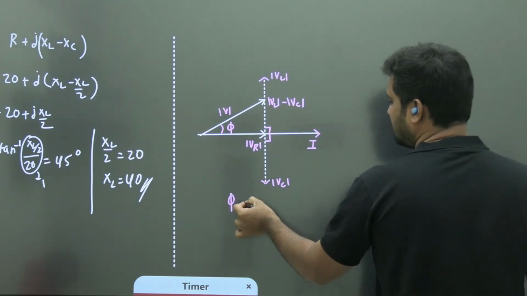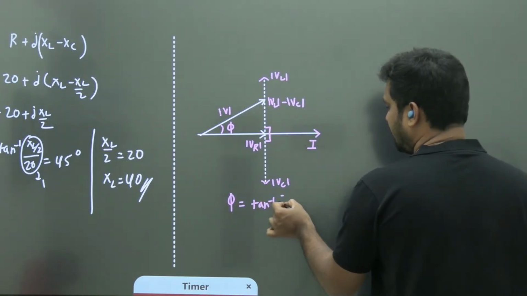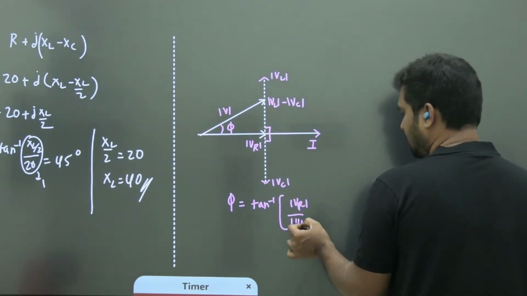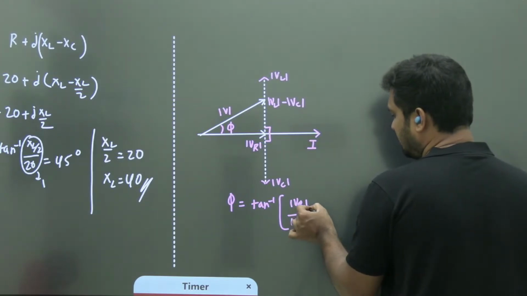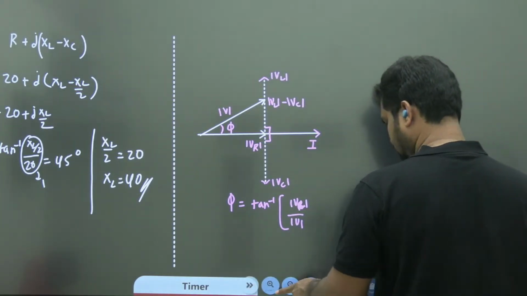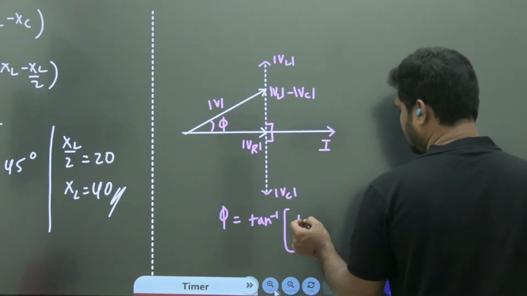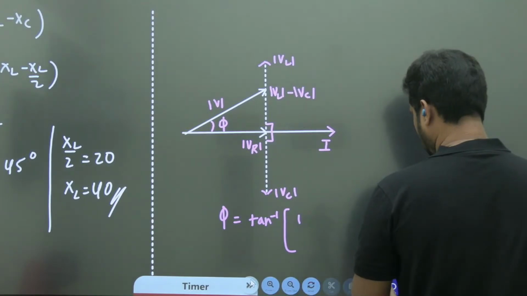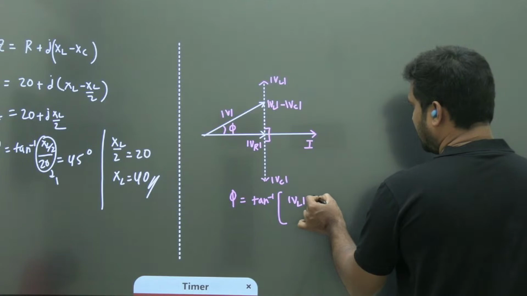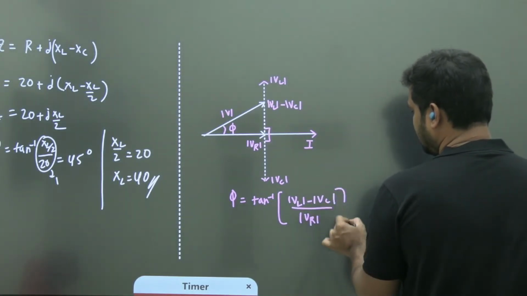What is phi? Phi is equal to tan inverse of, directly we can say, (VL minus VC) by VR.